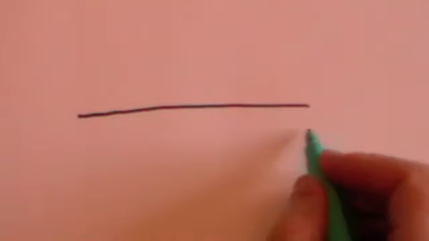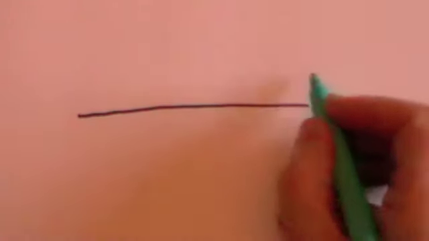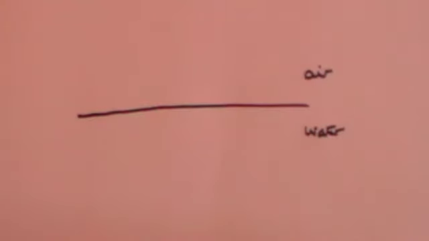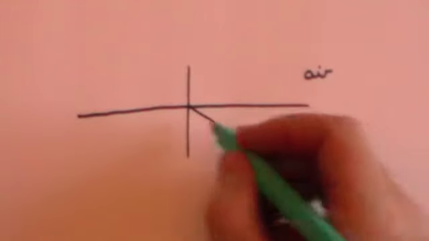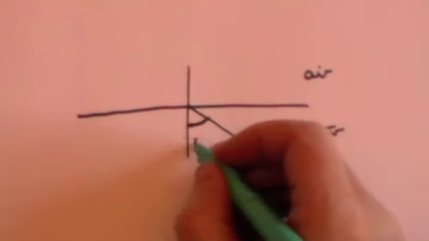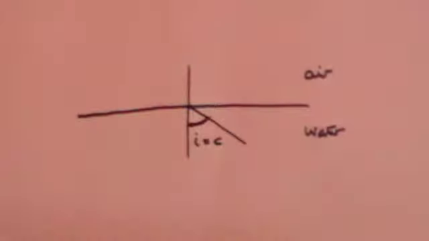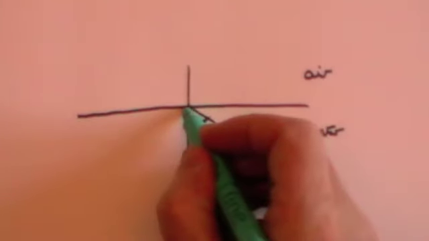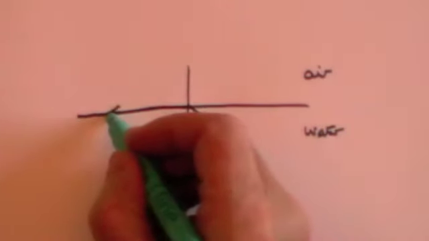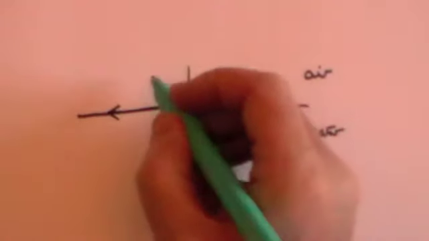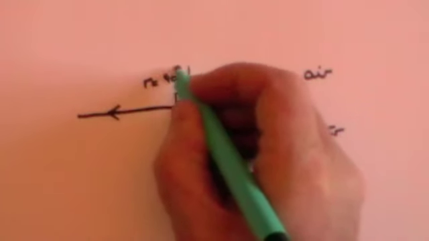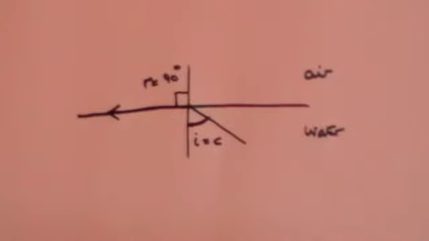So can we calculate the critical angle for, say, water? So this is water, this is air, and remember you always have to go from more dense into less dense. The critical angle is the angle at which, this is now the angle of incidence, which equals the critical angle C, and that is the angle at which the refracted light goes along the surface of the water, which means that the angle of refraction is 90 degrees to the normal.